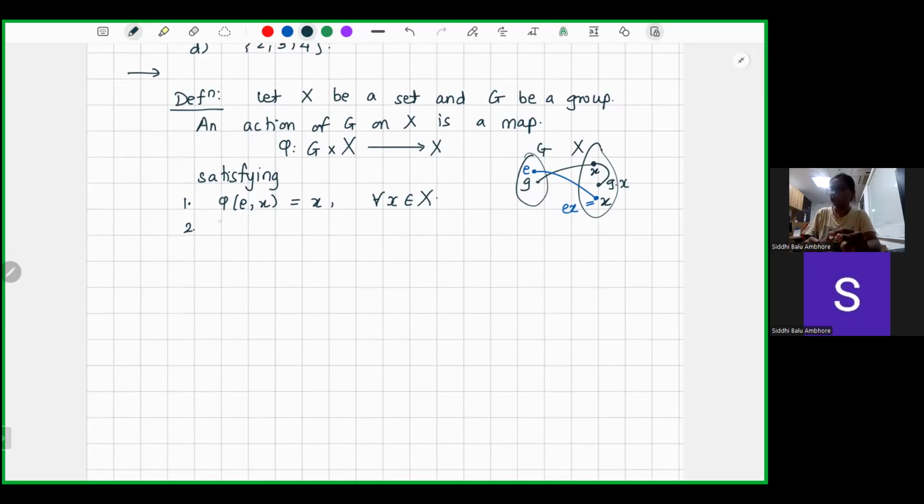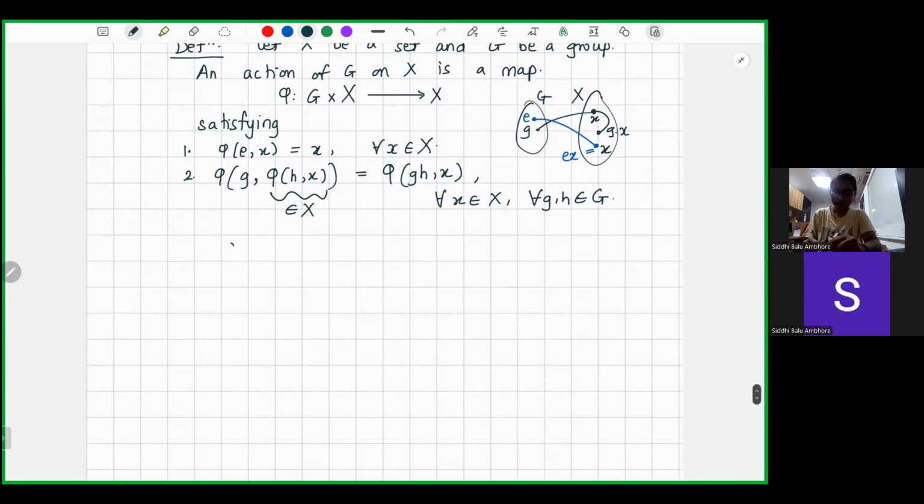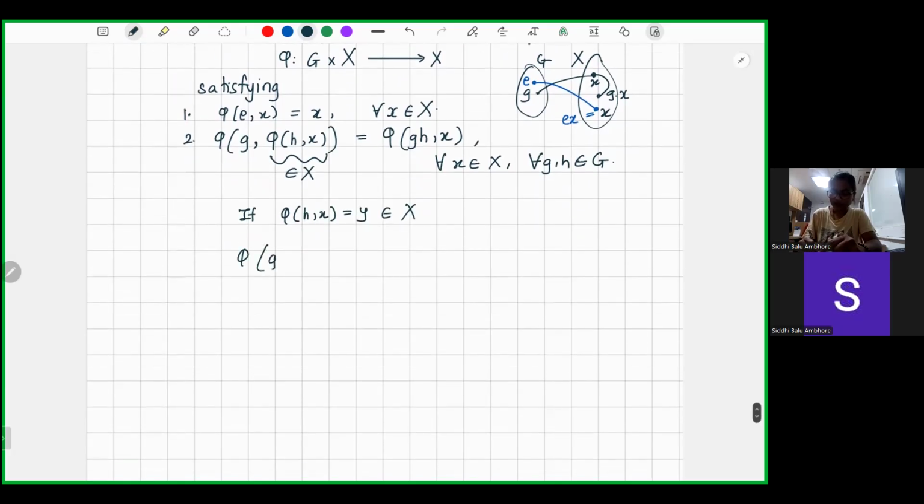And the second property is phi of (g, phi(h, x)) must be equal to phi of (gh, x), for all x in X and for all g, h in my group G. Note that phi(h, x) is again some element in X. If phi(h, x) is y, which is again some element in X, then what I want is phi of (g, y) must be equal to phi of (gh, x), where y was my phi of (h, x).